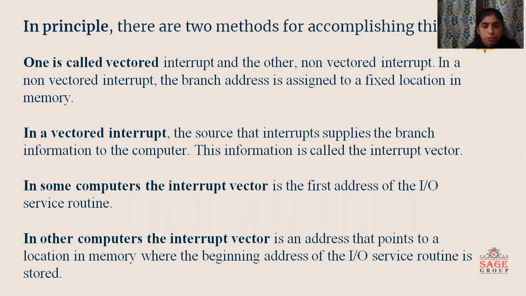This information is called the interrupt vector. In some computers, the interrupt vector is the first address of the input-output service routine. In other computers, the interrupt vector is an address that points to a location in memory where the beginning address of the input-output service routine is stored.